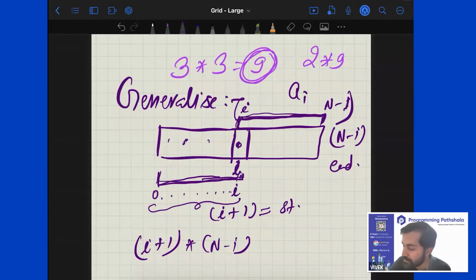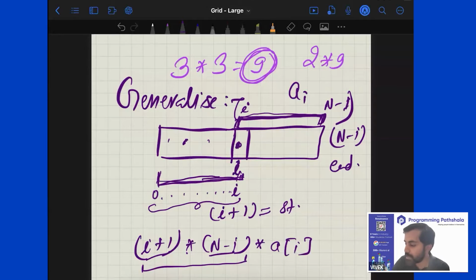So these many choices for starting point, these many choices for ending point. So this into this is the total number of subarrays which will be passing through it, and thereby the contribution of this element will be this multiplied by A of I. Now the job is done.